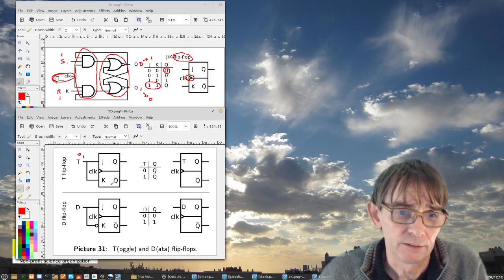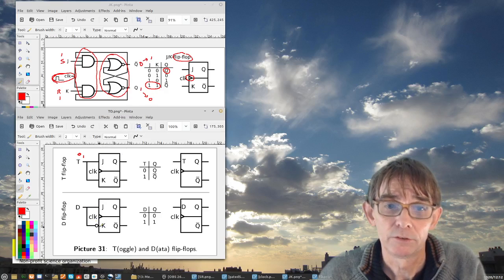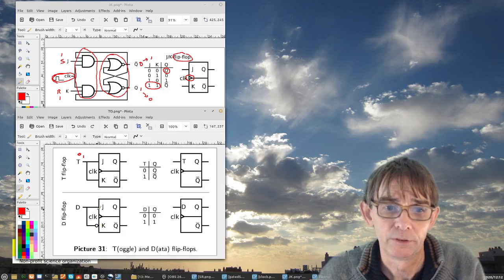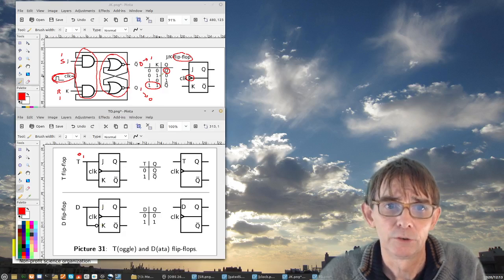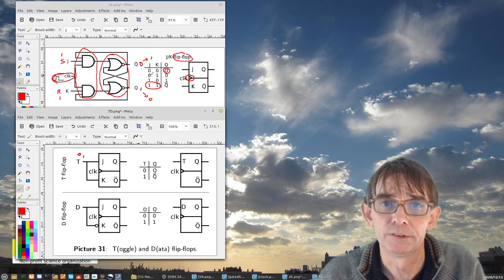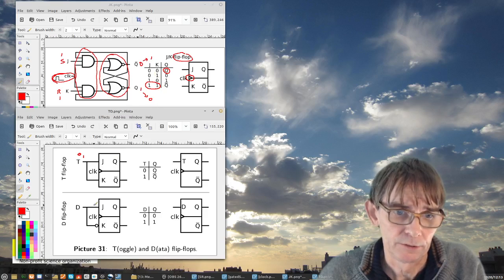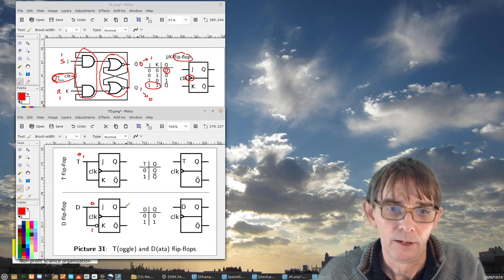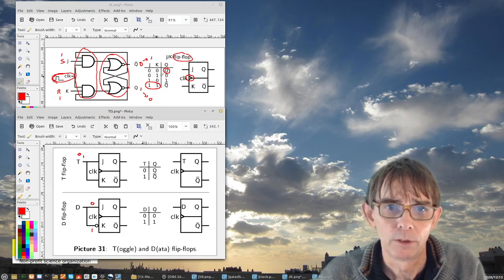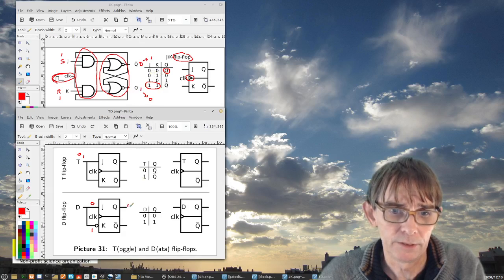Another combination is that I invert K. So K is always inverted from J. So that means that we have the input combination 0, 1 or 1, 0. Now if the input is 0, 1, then as you can see here, the output is 0.